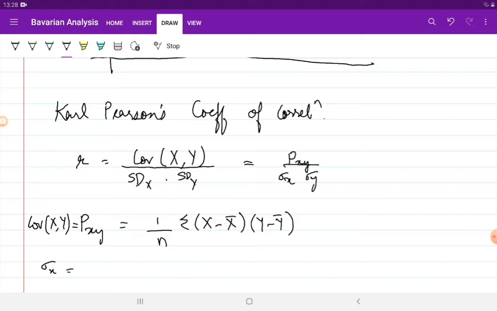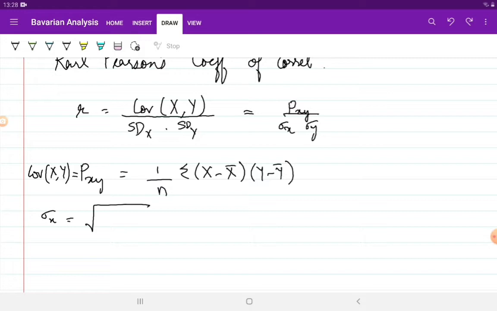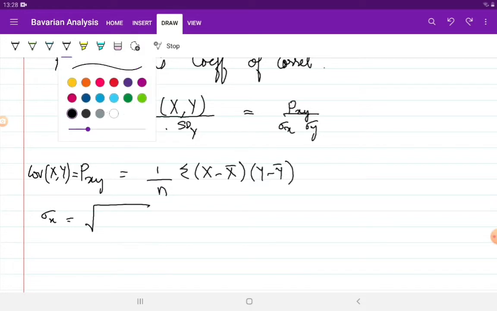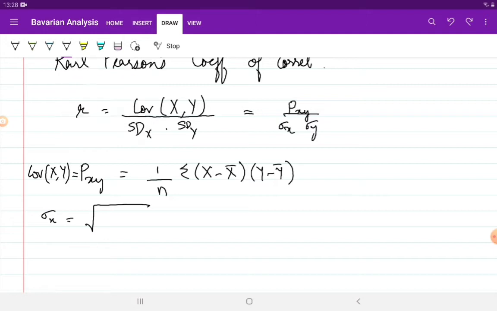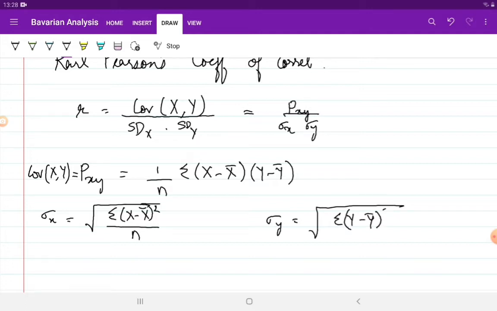Standard deviation is the root of the mean of the deviations from the mean, whole squared. And the standard deviation of y is root under summation y minus y bar whole squared divided by n.